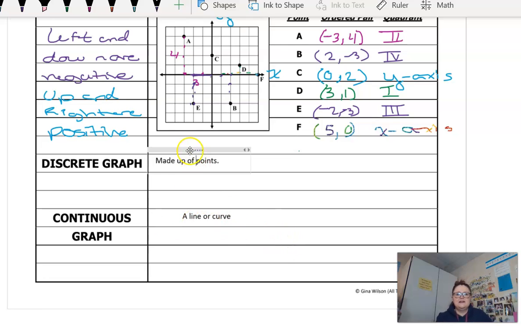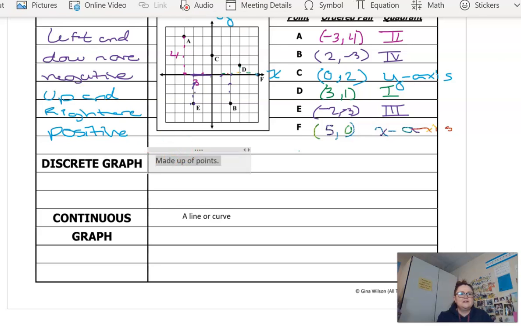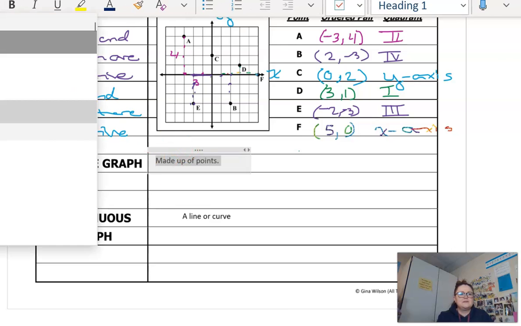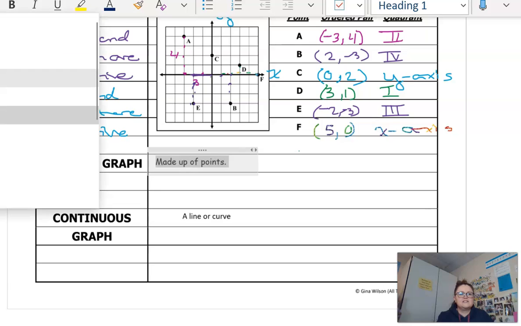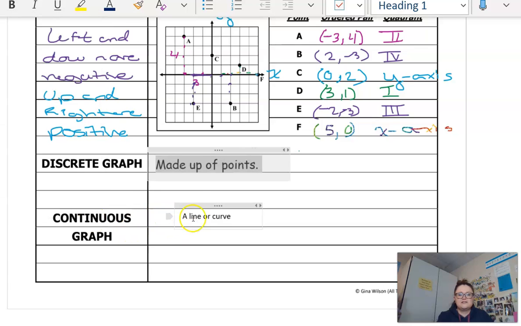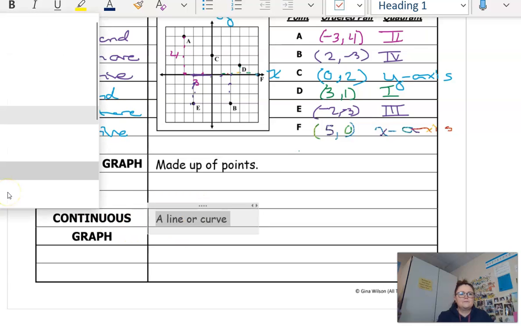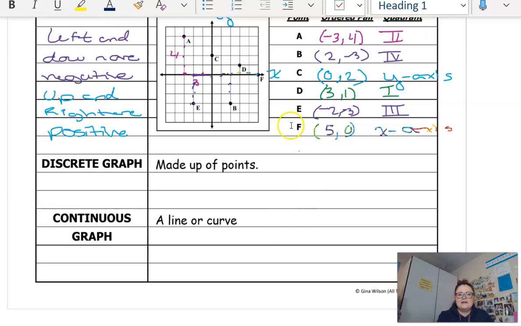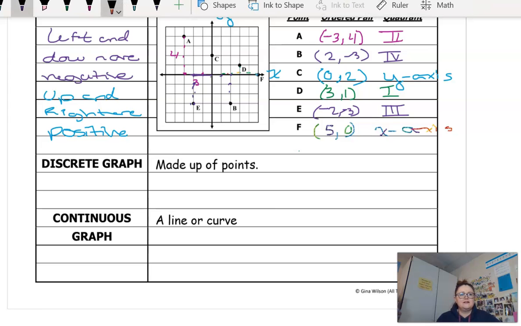So like, let me get my font just a little bigger here so you guys can actually read that. Okay, so a discrete graph might look like, here's my y-axis, here's my x-axis, and it might be dots that form a line.